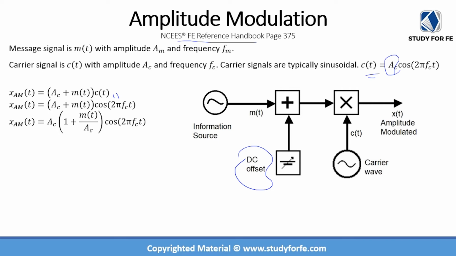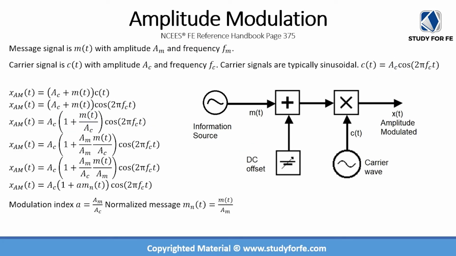All right. Now after that, it is pure math, and we will go about defining 2 new quantities. What I'm doing in the next step is extracting AC from the bracket. When I extract AC from the bracket, I'm left with 1 over here, and then I divide the message signal by this amplitude AC. And then within the bracket, I will multiply m of t by AM, which is the amplitude of the original message signal, and I will divide it.